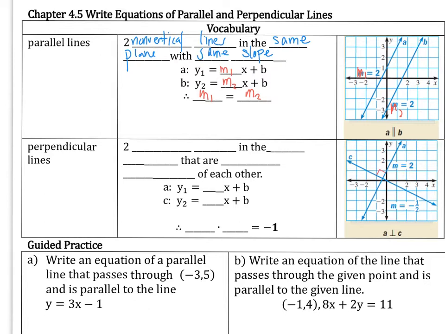On the other hand, perpendicular lines are two non-vertical lines also in the same plane but with slopes that are negative reciprocals of each other.